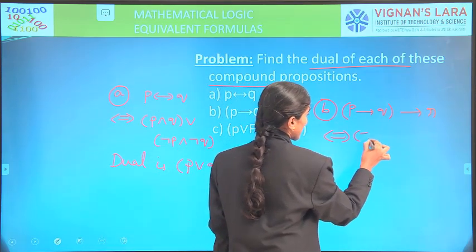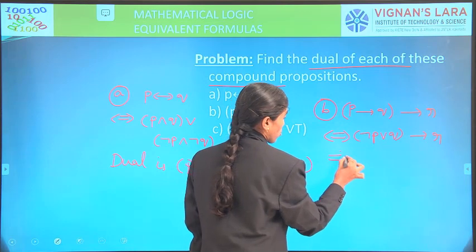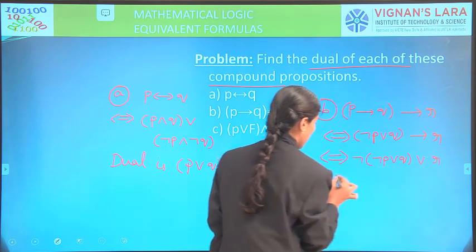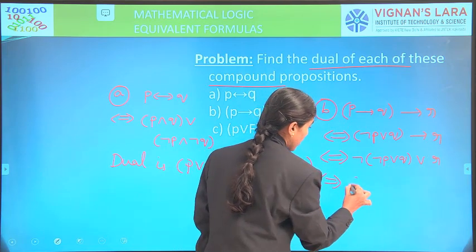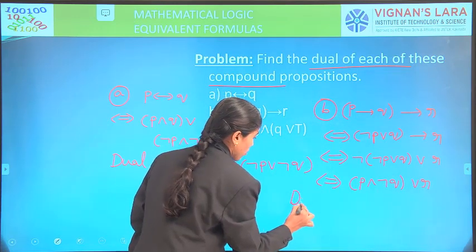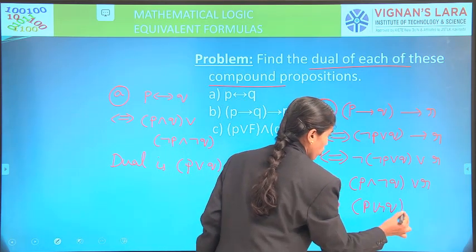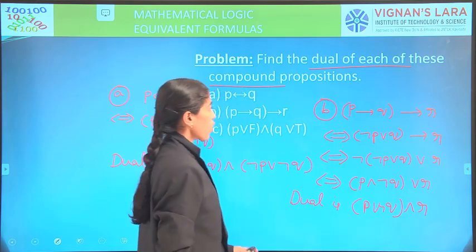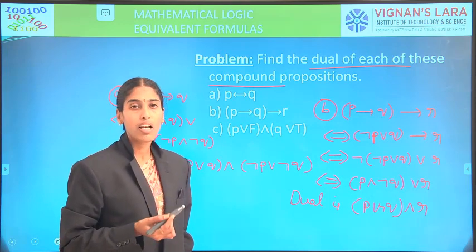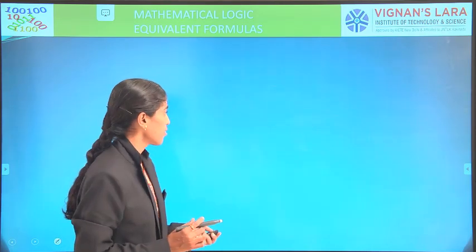Its equivalent is negation P or Q. Again first symbol negation, then OR. So take this negation inside, it is a De Morgan law. So dual is, what is this dual? P or negation Q and R, right? So like that we need to find out the duals of the given expressions. If conditional or biconditional are there, we need to write conditional and biconditional using the equivalent formulas, right?